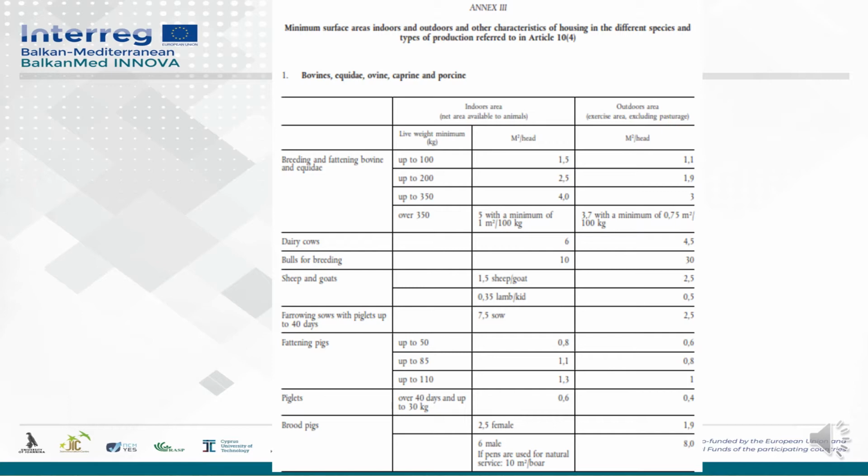So, in this table, on the left, you have the species or the breeding. Then in the middle there is the indoors area, which shows limits or conditions of minimum live weight, and the corresponding minimum area that has to be at the animal's disposal.